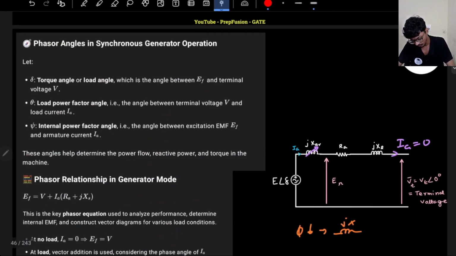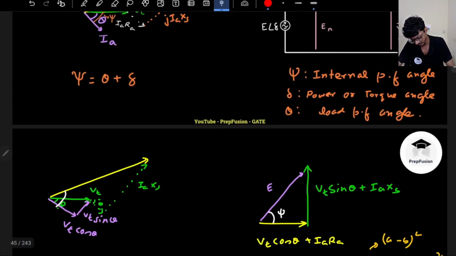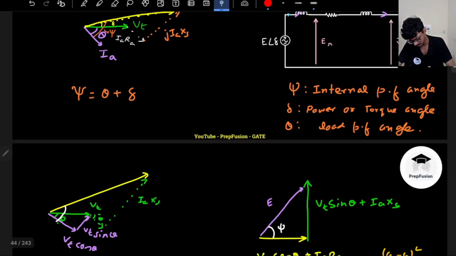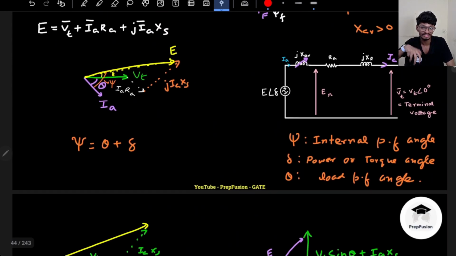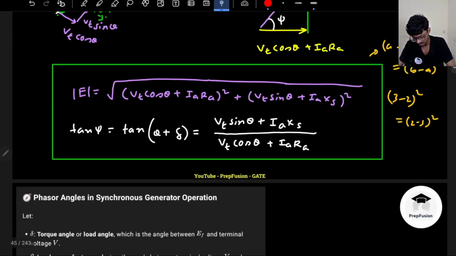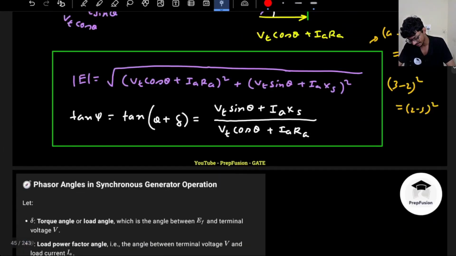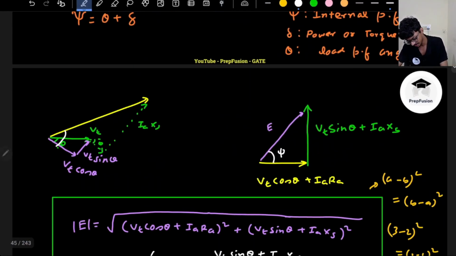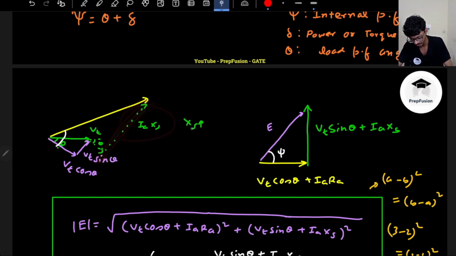Because the overall effect, if you have seen, is that the flux reduces. If the flux reduces, that means more flux is leaking out. The resultant flux is reducing, so Xs will increase. That's why the drop here is very high, a very huge drop. Xs is very high, the synchronous reactance will be very high.